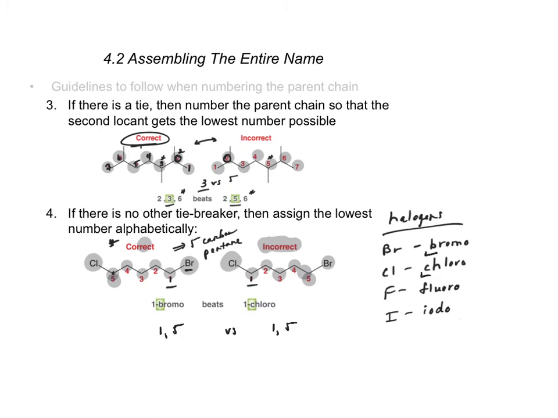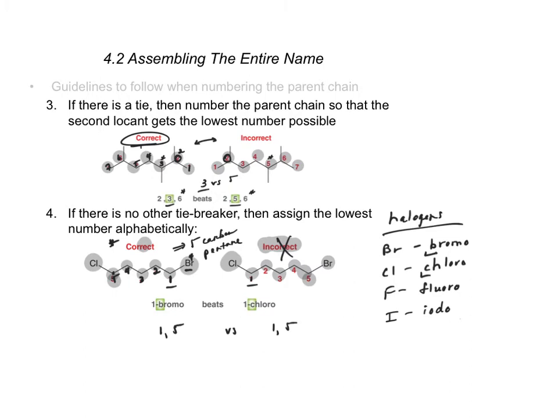B comes before C. So the bromine is going to get the lowest number possible. So we would correctly number this chain 1, 2, 3, 4, and 5, and not the opposite, because again, we're going to give bromine the lowest number possible because it comes first in the alphabet.